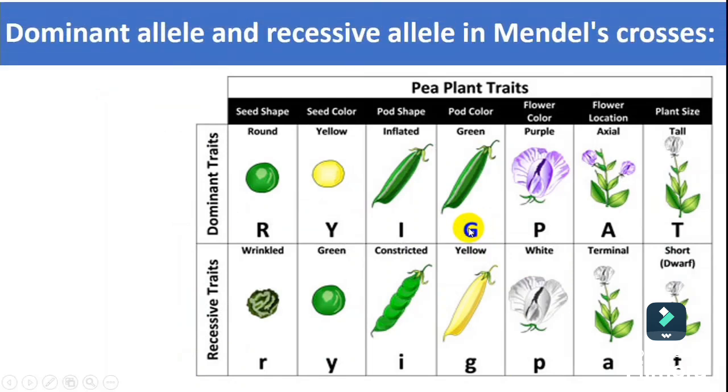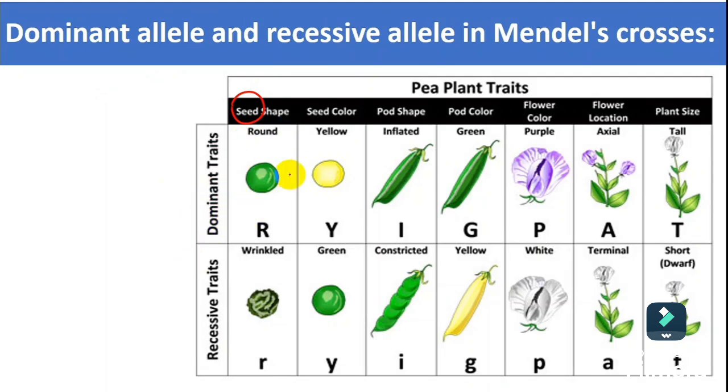So again, here we have some dominant traits and recessive traits. For example, if we talk about the seed shape in the pea plant, we have many contrasting traits in the pea plant related to seed shape, seed color, bud shape, bud color, flower location, and also plant size. Here I have a question for you, my friend.